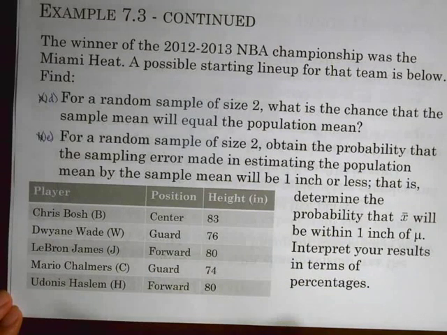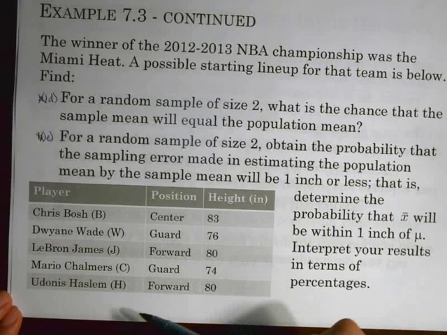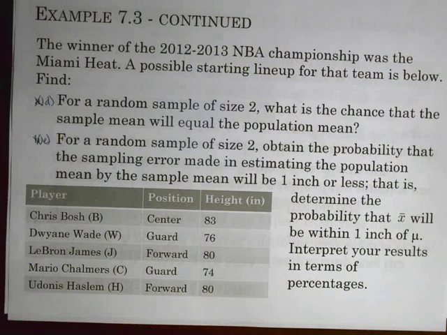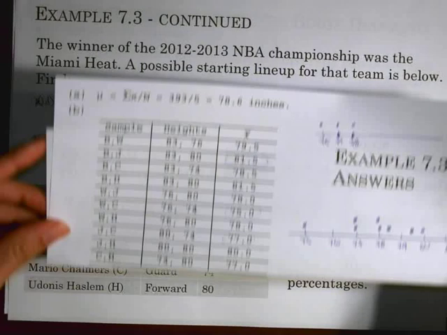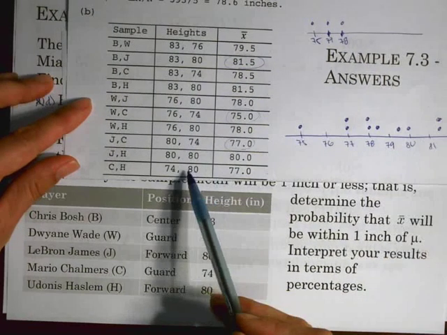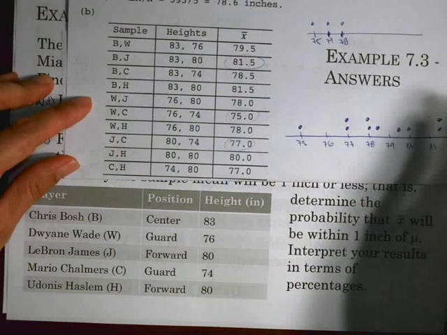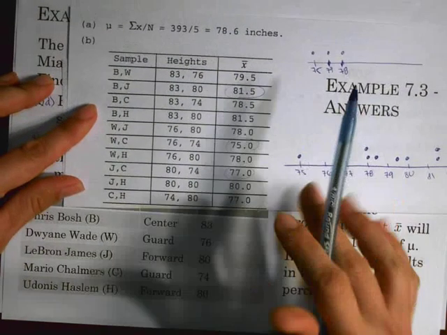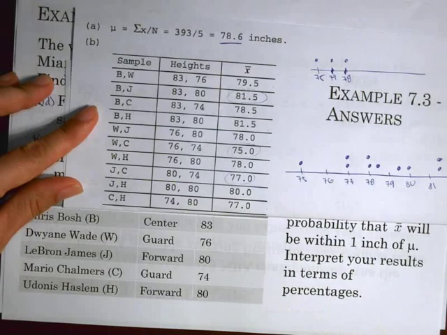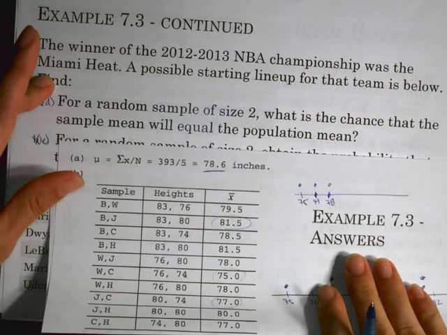So what's the probability that you randomly picked a sample of size 2 and the sample mean actually gave you the population mean? So what's the chance that you're right just by picking 2? Let's go back to our table.